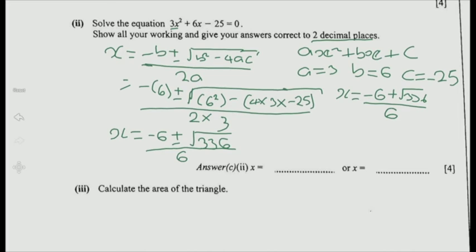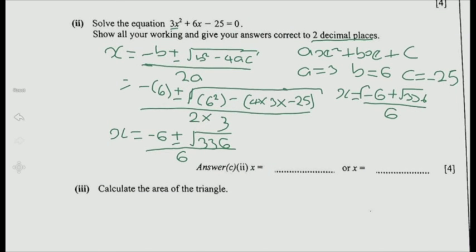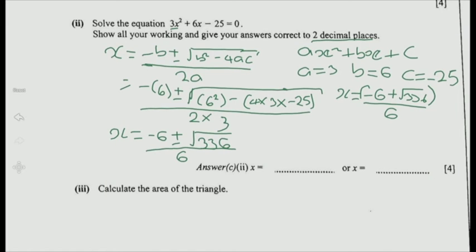Working that out, you should be careful on how to punch the calculator. You should put this in brackets to ensure that you get the correct result. Your numerator, negative 6 plus the square root of 336, you can put it in brackets before you divide that by 6.